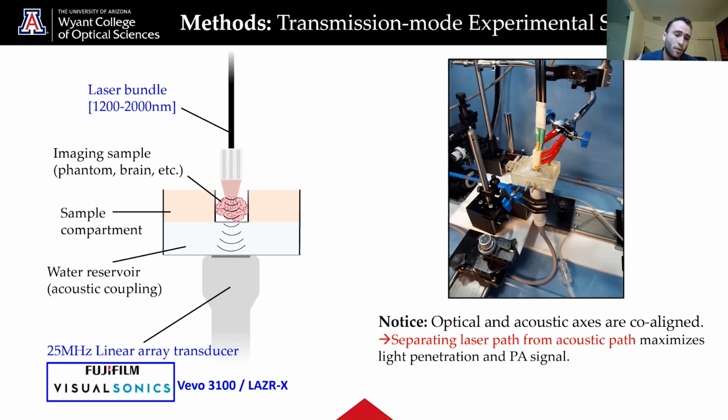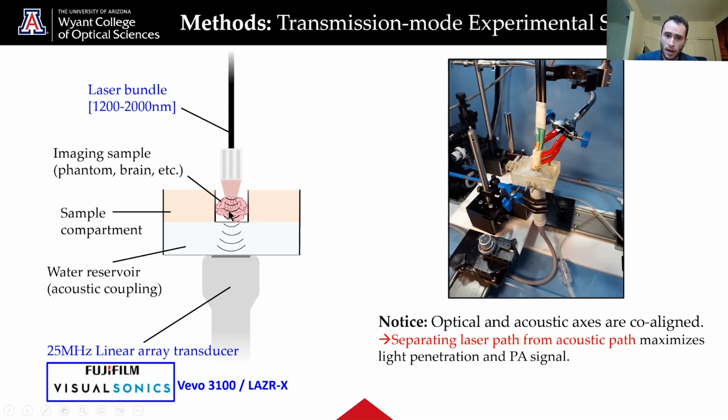If we want to image in this 1200 to 2000 nanometer range, we cannot have our optical path length through water because we're going to get adverse absorption from the coupling medium before the optical fluence even hits the sample. So we have to be stringent on this. Again, this is stuff we're working on, and I'll talk about it a little bit later. But it is important to note that the path length is through air.